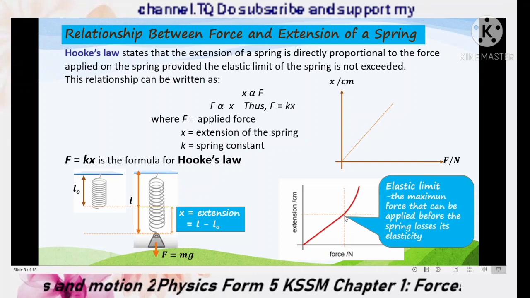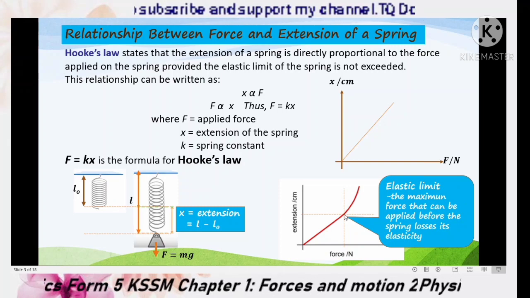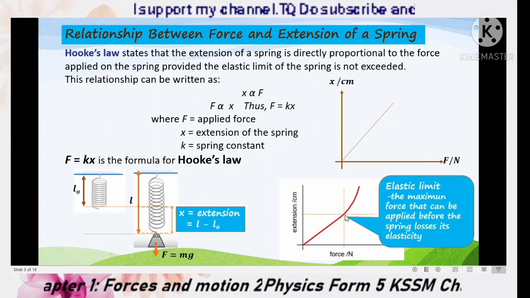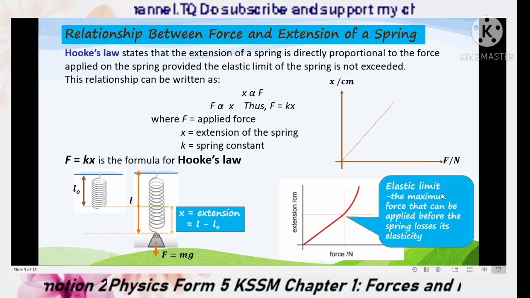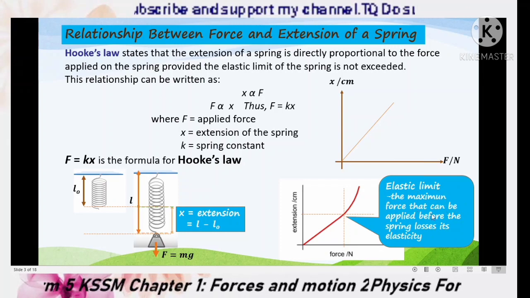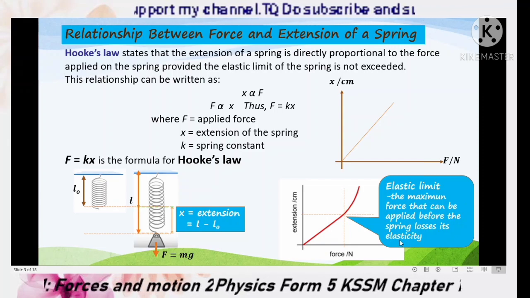Actually, we can find the elastic limit from the graph: it is the end of the straight line, or the starting point of the curved graph. So what is the elastic limit? We can define it as the maximum force that can be applied before the spring loses its elasticity.